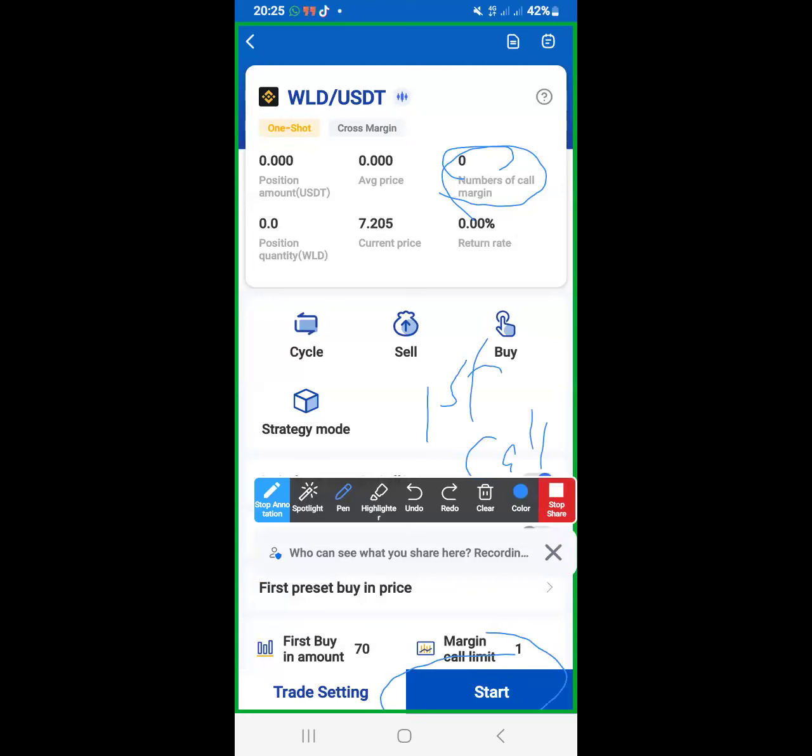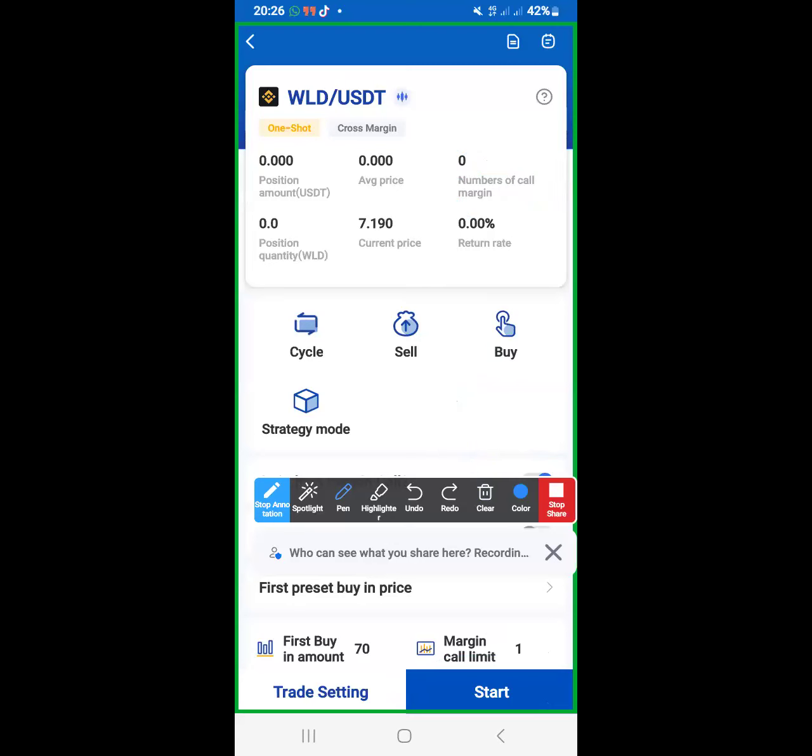So when the robot executes the first call, you will see here written 1. If it buys the second call, it will change to 2, like that. It excludes that initial entry amount. Okay? So it refers to the number of times the robot has so far bought.